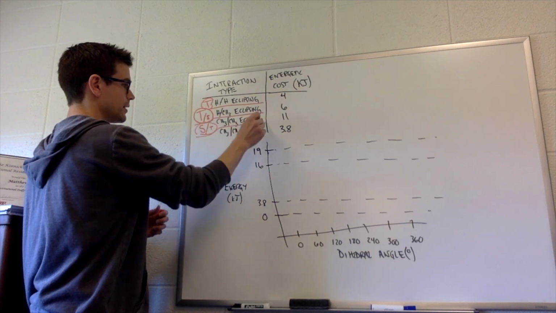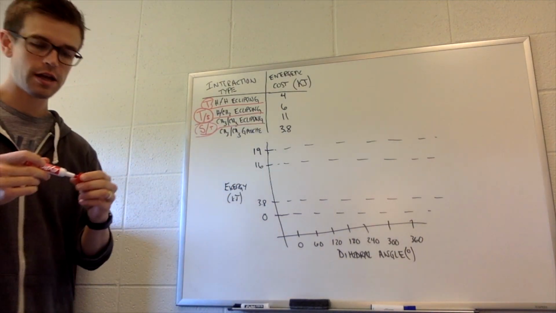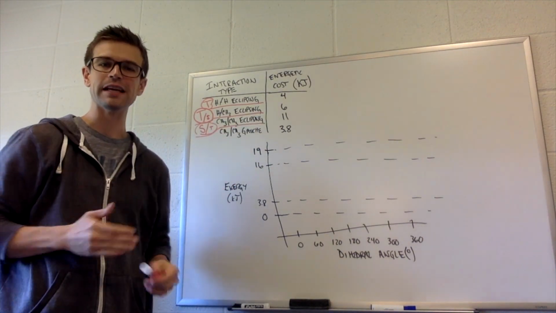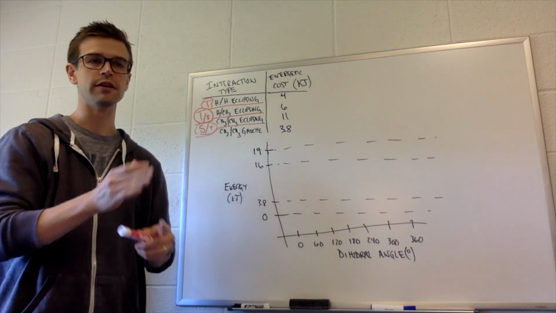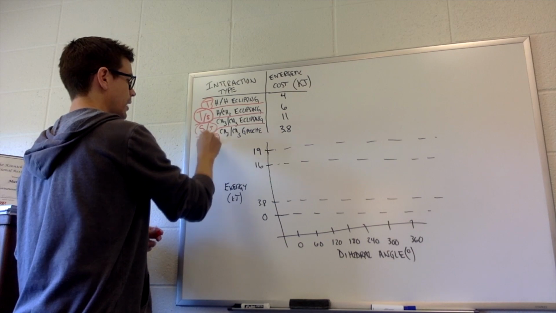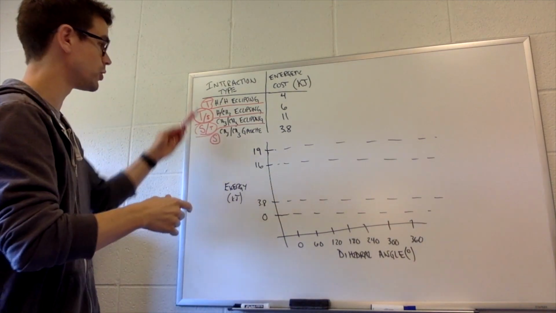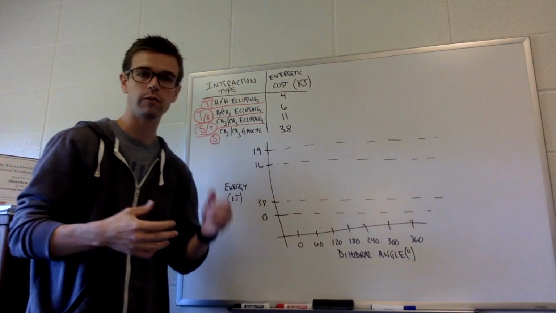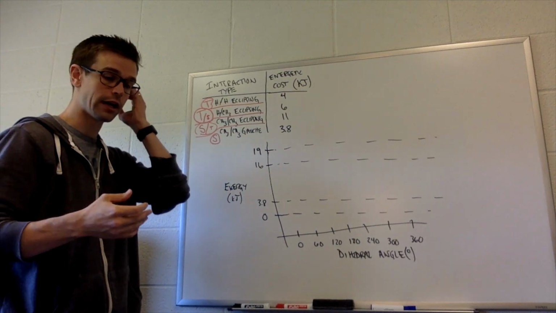And lastly, in a gauche interaction, the electrons aren't even lined up in the same plane. Remember, they're staggered, so that has to be entirely a steric interaction. So those are where that strain is coming from, and why they have an energetic cost.